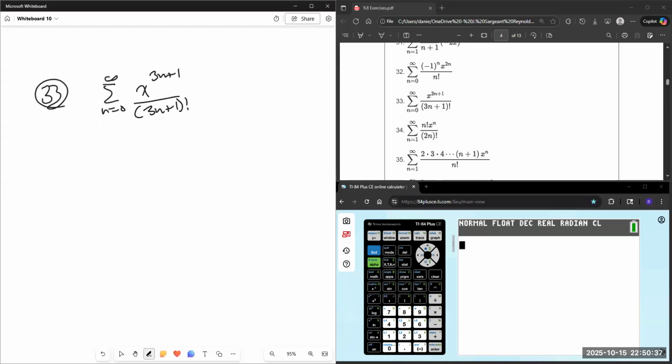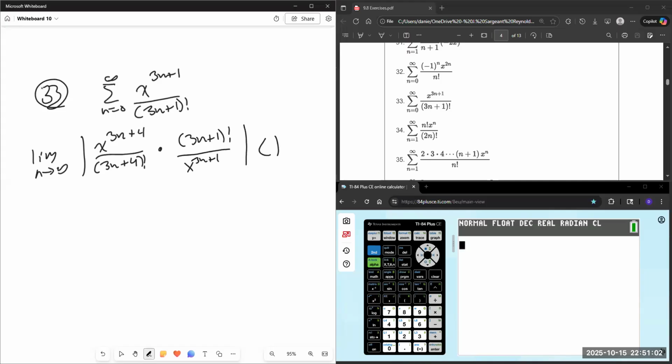So I want the limit as n goes to infinity of x to the 3n plus 3 plus 1, which is 3n plus 4, over 3n plus 4 factorial, times 3n plus 1 factorial over x to the 3n plus 1, less than 1.